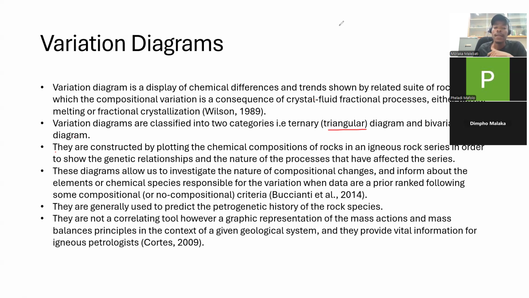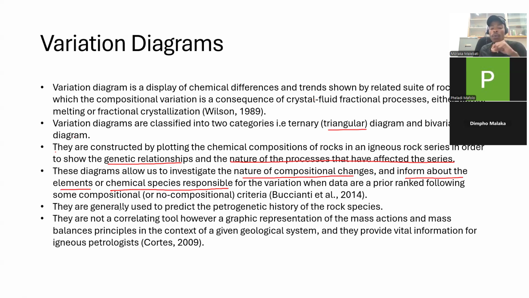They are constructed by plotting the chemical composition of rocks in an igneous rock series in order to show the genetic relationships and the nature of processes that have affected the series. These diagrams allow us to investigate the nature of compositional changes and inform about the elements or chemical species responsible for the variation when the data are ranked following some compositional criteria.